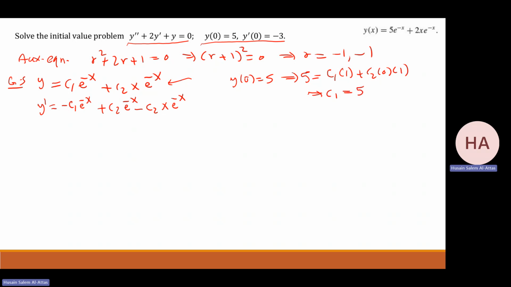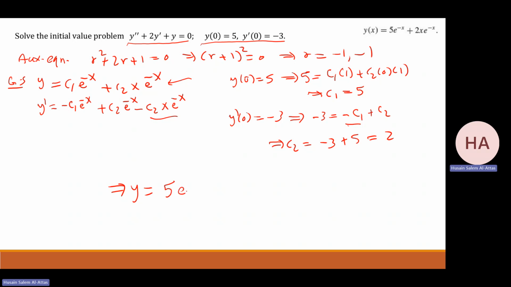Done. y prime at 0 equals minus 3. That implies minus 3 equals minus c1 plus c2. Since c1 is 5, c2 equals minus 3 plus 5, which is 2. So my solution is y equals 5 e to the minus x plus 2x e to the minus x.